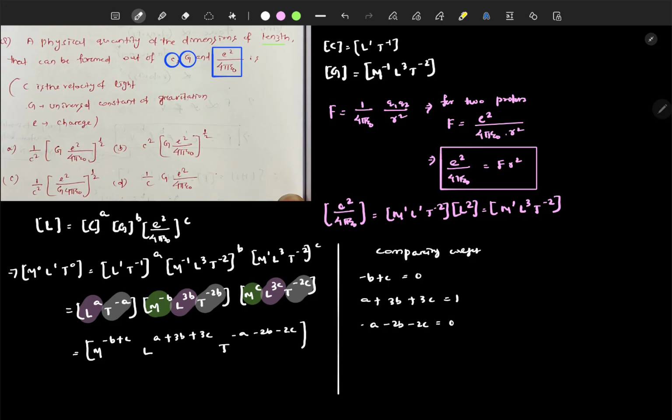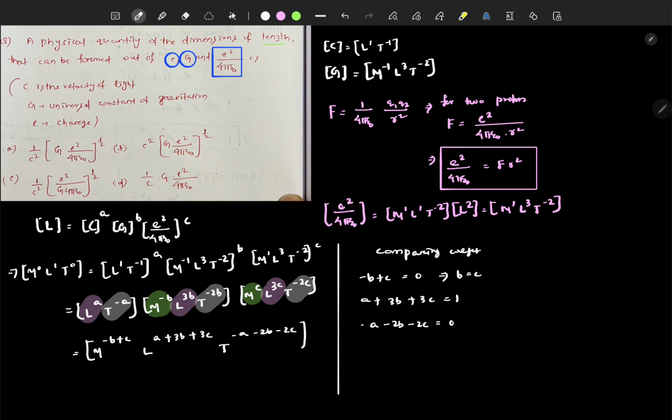Comparing both sides we get this. Minus B plus C is 0, A plus 3B plus 3C is 1, minus A minus 2B minus 2C is how much? 0. Yes, it is correct. So if B plus C is 0, we can write B is equal to C.